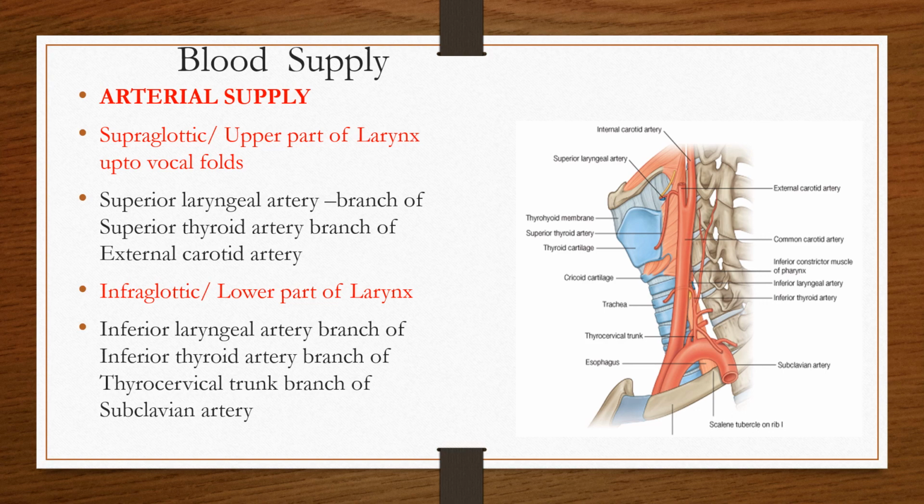Here you can see the branches: the thyrocervical trunk giving the inferior thyroid, which will give the inferior laryngeal artery, which is going here, and the external carotid is here, which is giving the superior laryngeal artery.